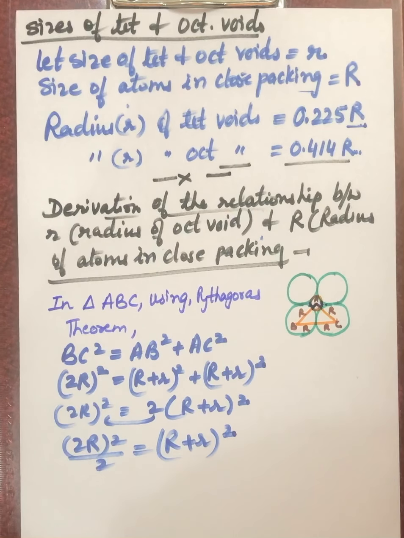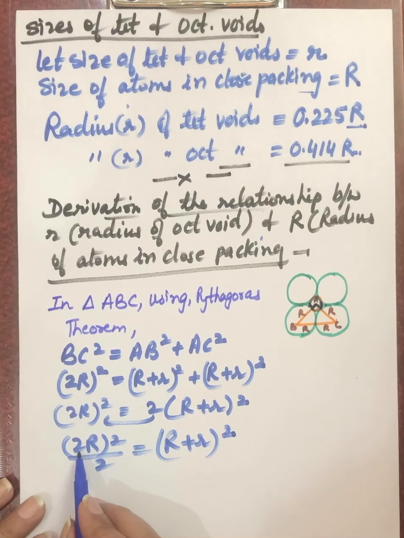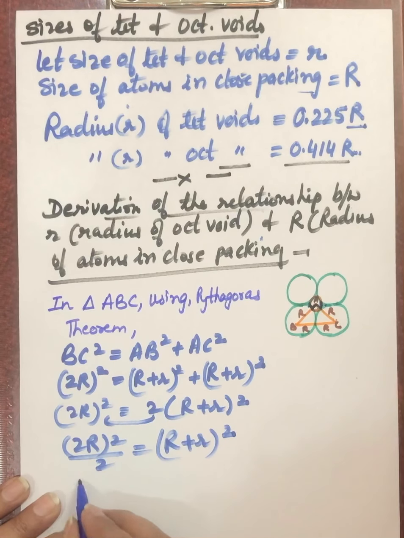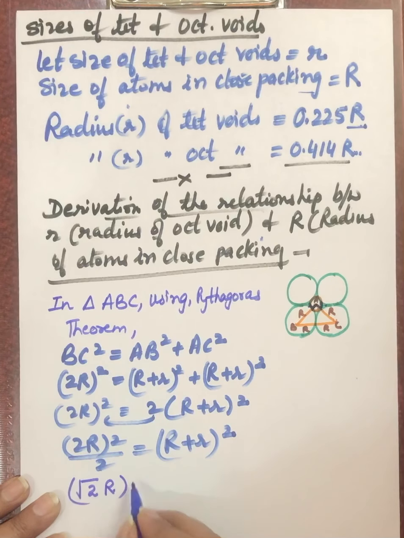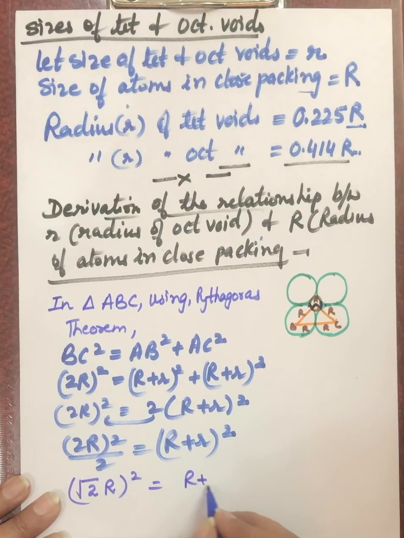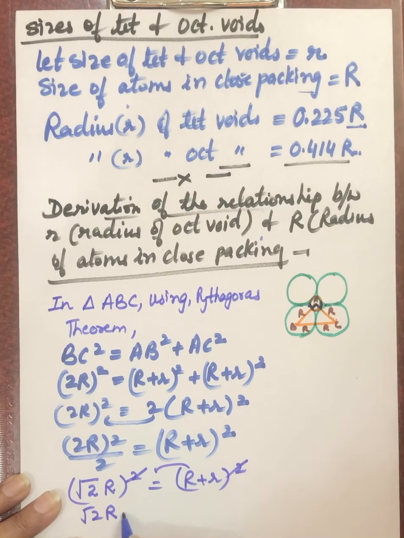Now we are solving this part. 2 square upon 2, we can write this as root 2 R square equal to (R plus r) whole square. This will cancel out. What is left is root 2 R equal to R plus r. This R will bring this side, so we are getting this.